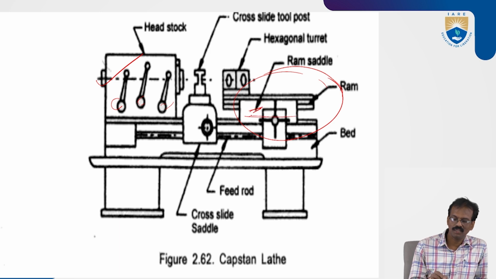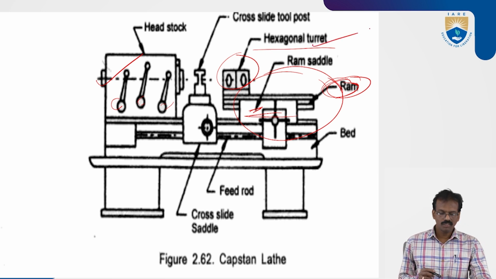By the help of this saddle, the ram will move forward and backward, to and fro. By the help of the ram, you can move the turret head. The turret head is attached to the ram, so by the movement of the ram and saddle, we can move the hexagonal turret head.